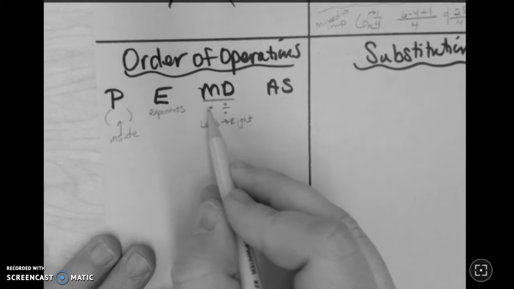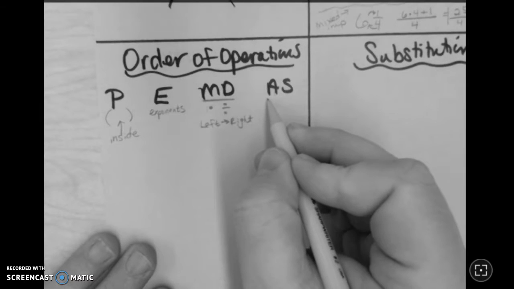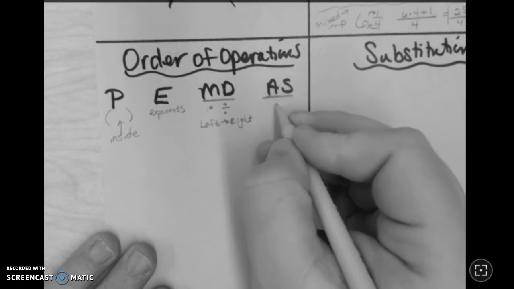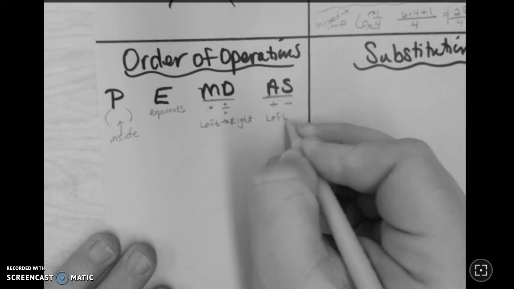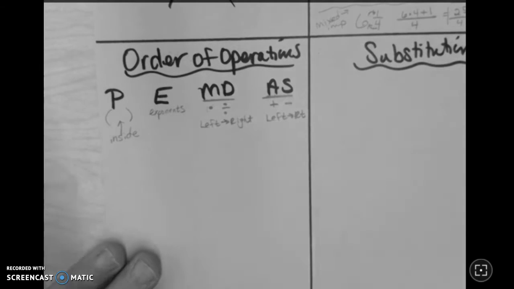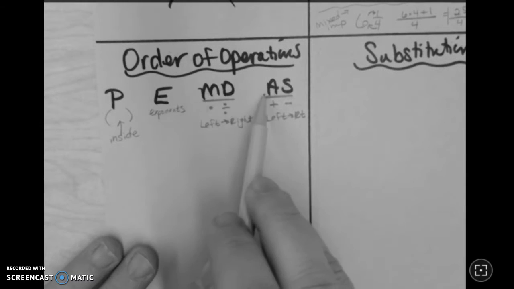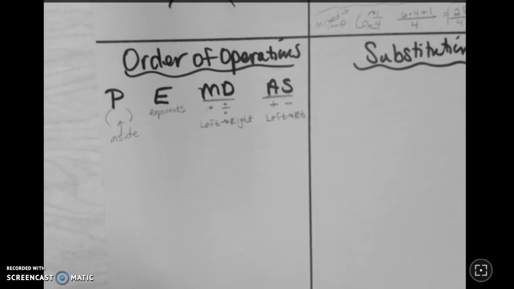If you have a multiplying and dividing right next to each other, you do the one on the left. And then the next thing I have is addition and subtraction, and it is the same rule. You must go left to right. Too many times people will do multiplying first or addition first because they think it goes in that order, but M and D are attached and A and S are attached.